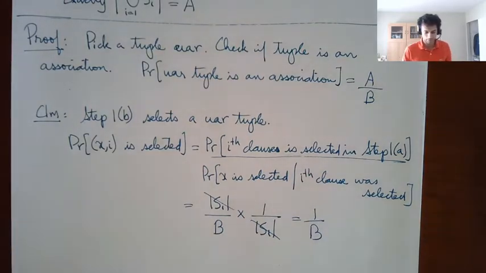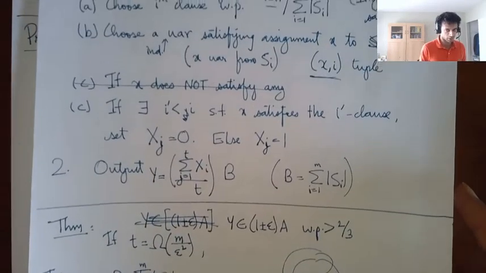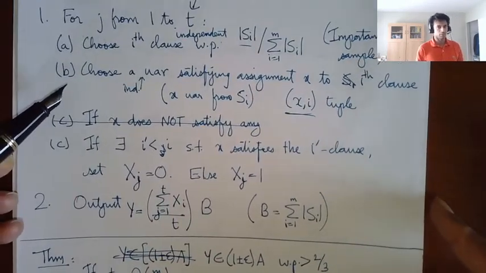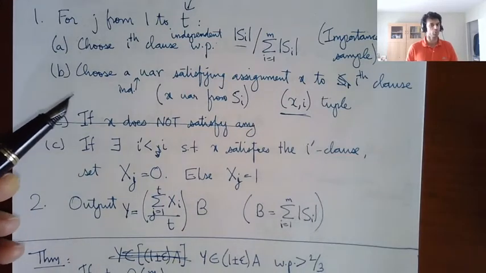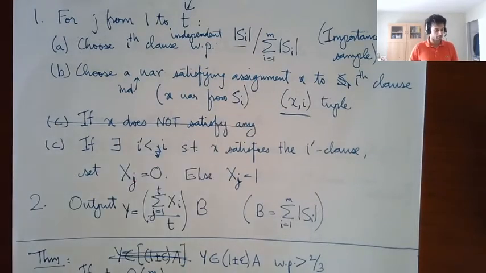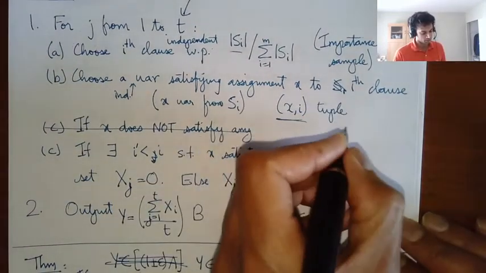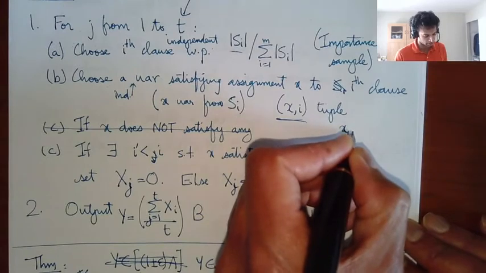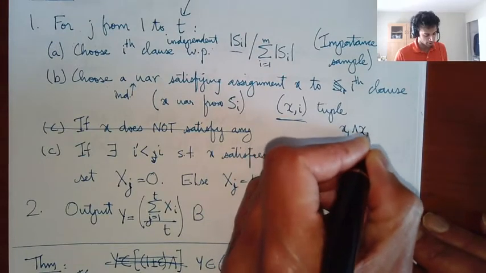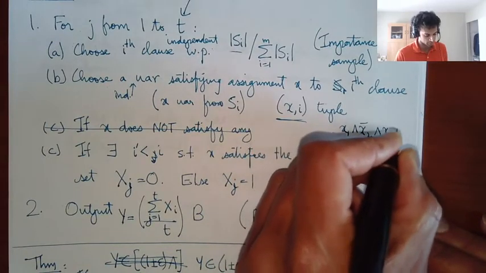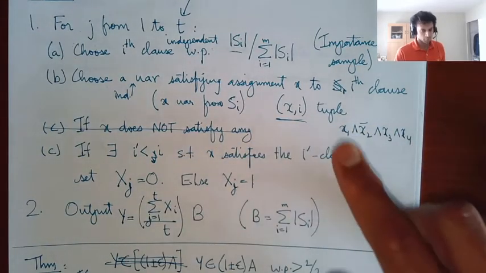By the way, I sort of ran through this a little quickly. Do you see how to choose a uniform random satisfying assignment from a clause? How do you choose a uniform at random assignment from Si? Again, let's just use our running example of this being the clause. So this was your clause.